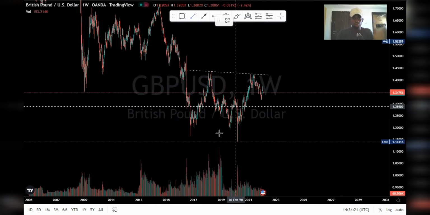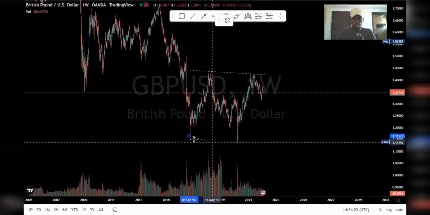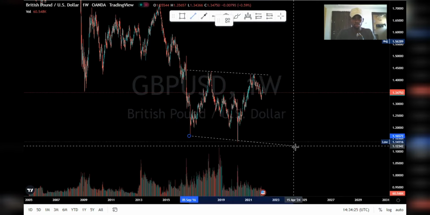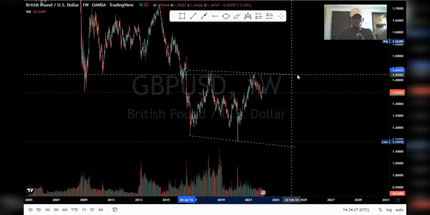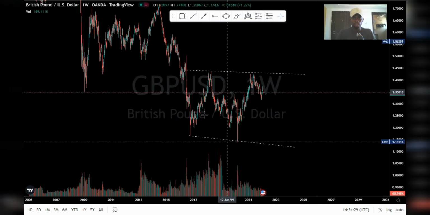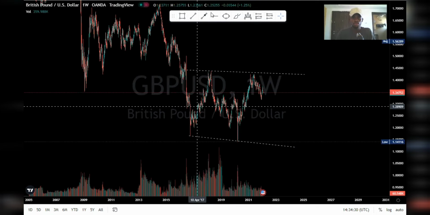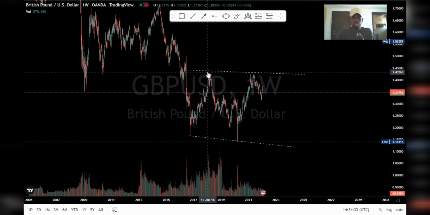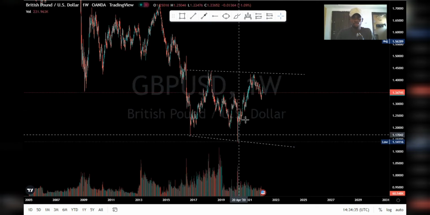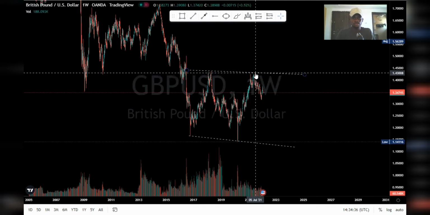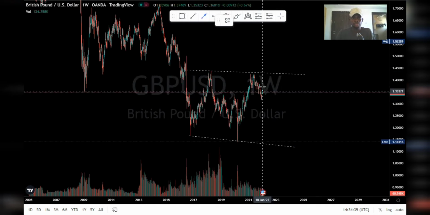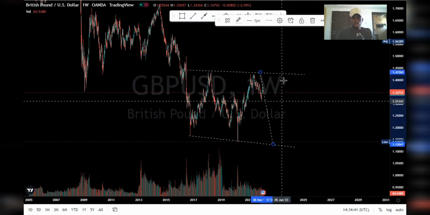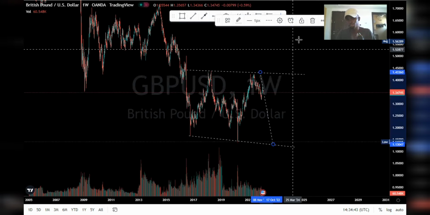I would get another one here, the first touch and also the second touch. According to this structure, I expect price to move from support to resistance, then from resistance to support, until it breaks out.